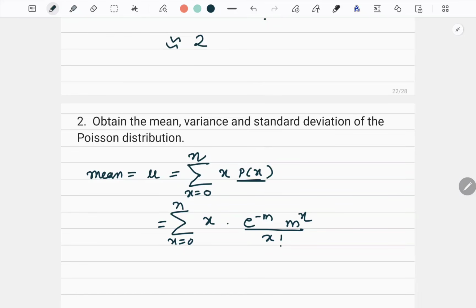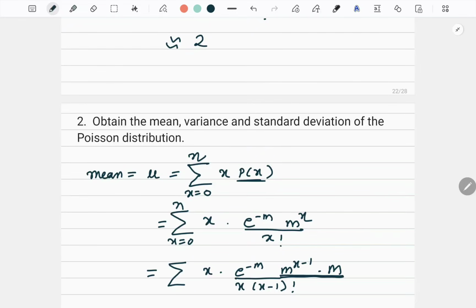Again, I will use the same concept, that I don't want this x. So if I don't want this x, I will open x factorial by the definition of factorial, and I can rewrite this result as x e to the power minus m upon (x minus 1) factorial, m to the power (x minus 1) into m.